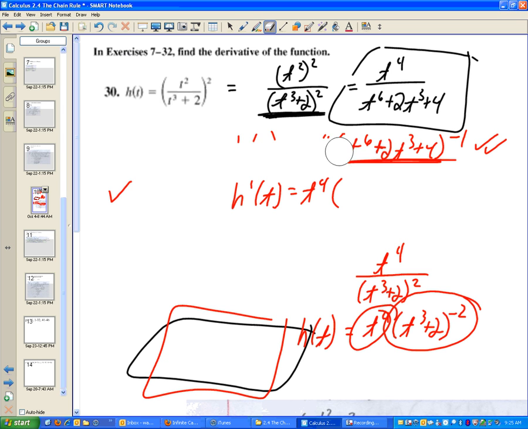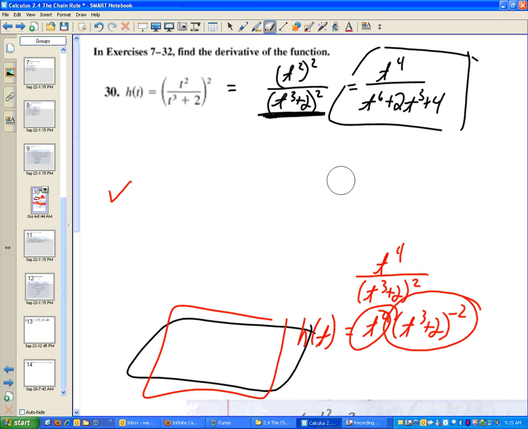Okay, if I went up here to the black one, what do you want me to do? Quotient rule? I can quotient rule that. No, but look what I get. You're right, I can narrow it down to one rule there. But I'd get the bottom times the derivative of the top.